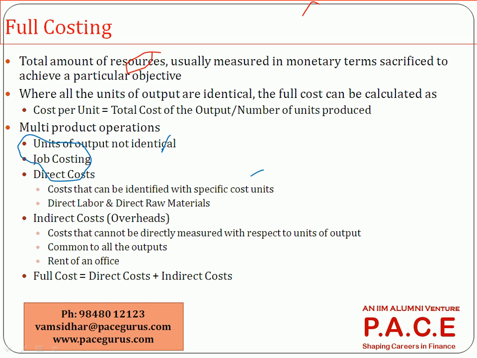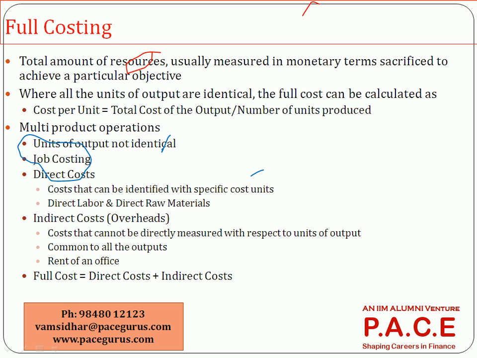If that is the case, I can very well find out the labor cost per day or per television. So wherever I have a model to directly attribute the cost of an entity to the direct production of the product, I call them direct cost.